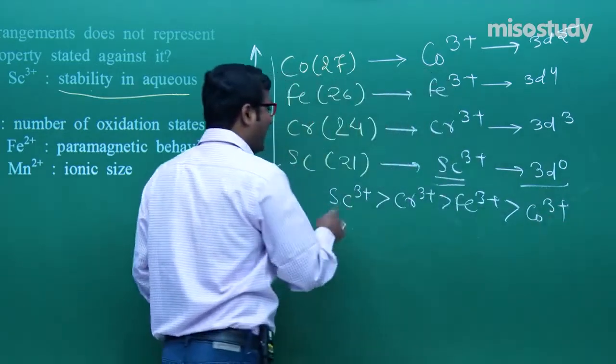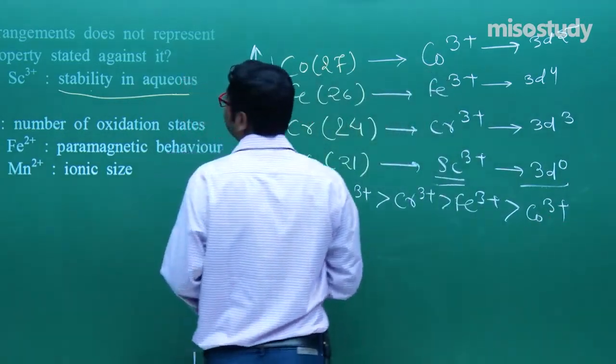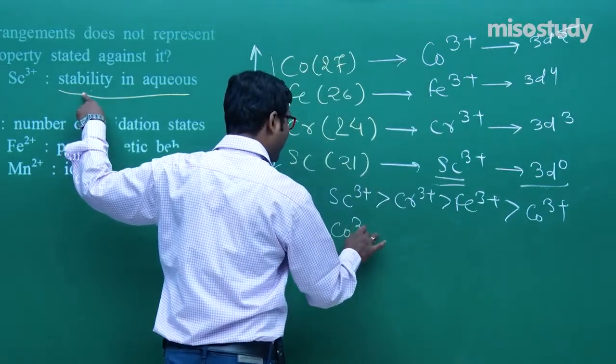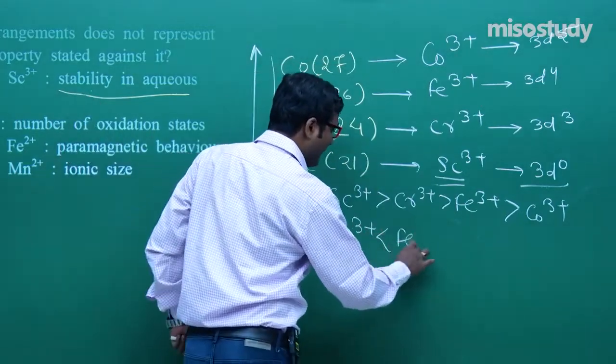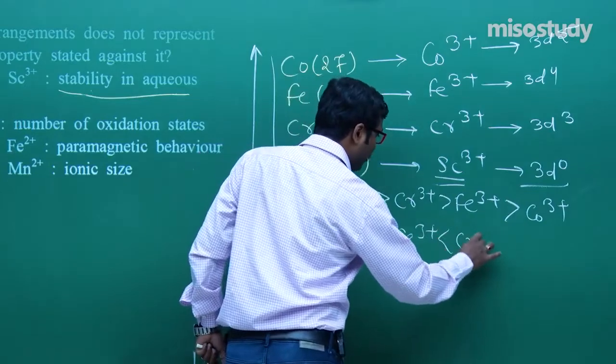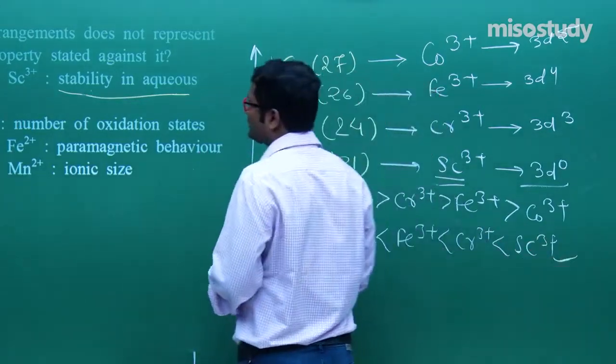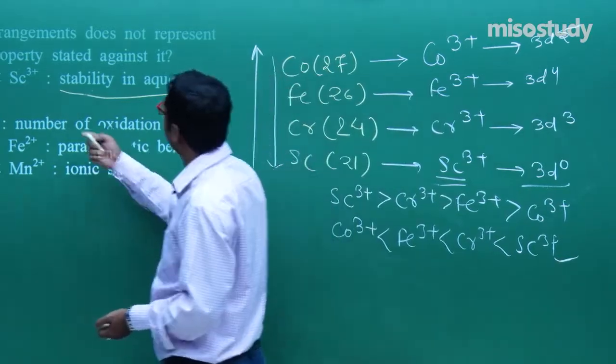This is the actual order. Now, according to the question, we can arrange it like this: cobalt 3+, Fe3+, chromium 3+, then scandium 3+. This is correct. So the first option is the correct order.